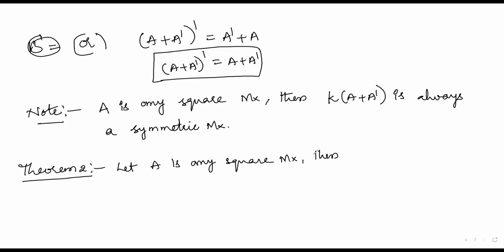Then A minus A transpose is a skew symmetric matrix. So here also K into A minus A transpose. But this theorem we have to prove. Then how do you prove? Can you prove this one?